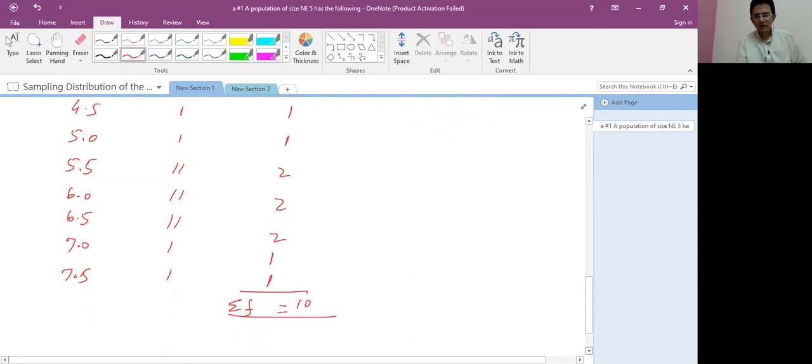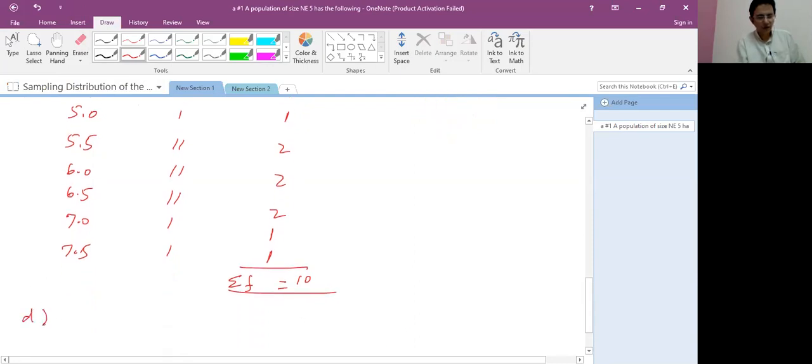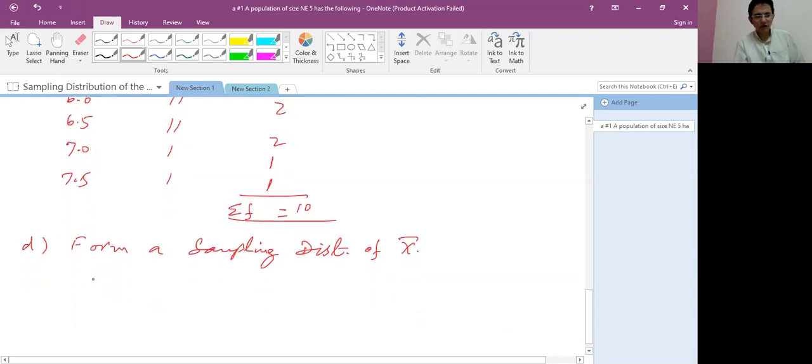In the next step, part D, form a sampling distribution of x bar. In the first column we would write x bar, p of x bar, x bar into p of x bar, x bar squared, x bar squared into p of x bar.